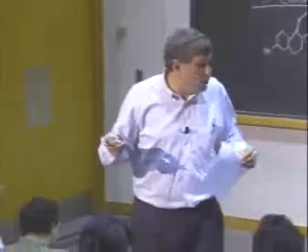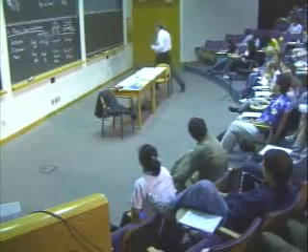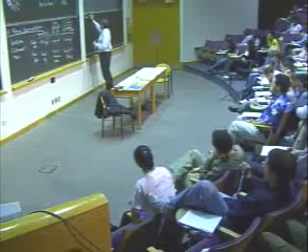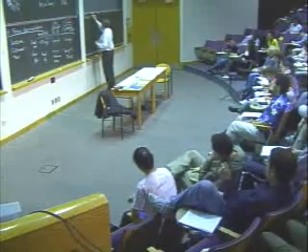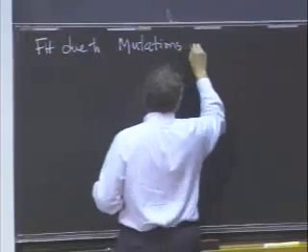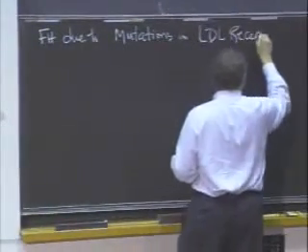What if homozygotes for FH had a mutation that abolished the receptor? Okay, that turned out to be the case. FH was due to mutations in the LDL receptor on cells.